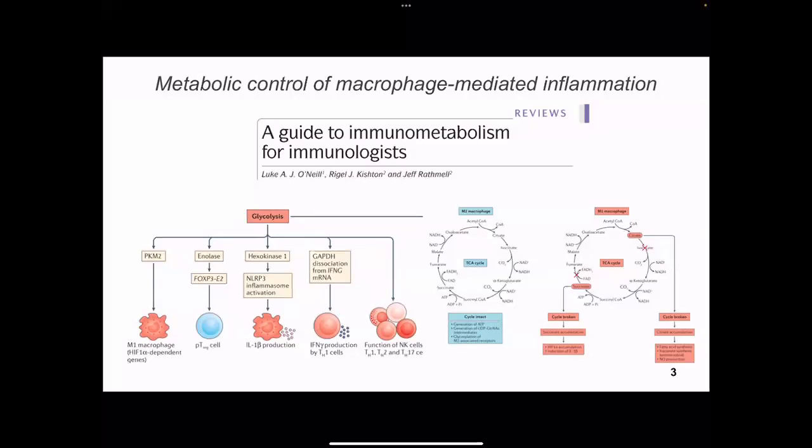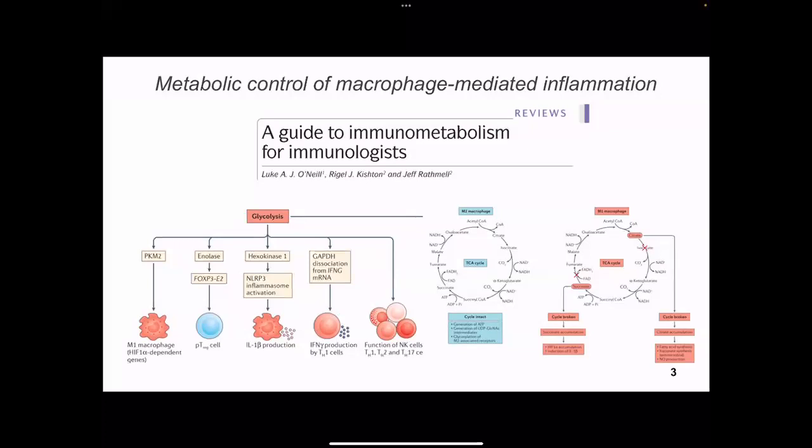In addition, in M2-like macrophages, the TCA cycle is intact and participates in oxidative phosphorylation, providing ATP for energy. And glutamine metabolism and also the TCA metabolite alpha-KG are also critical for M2-like functions.